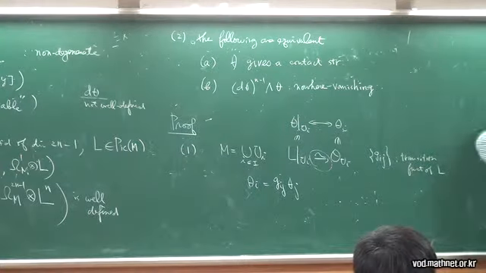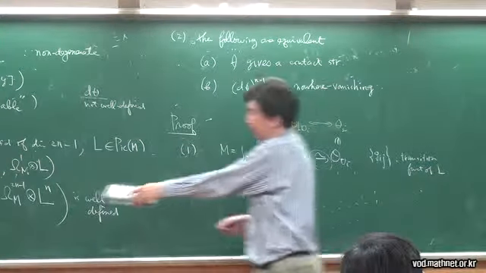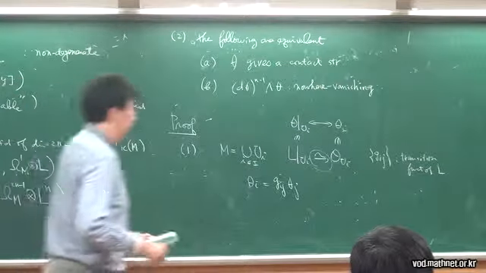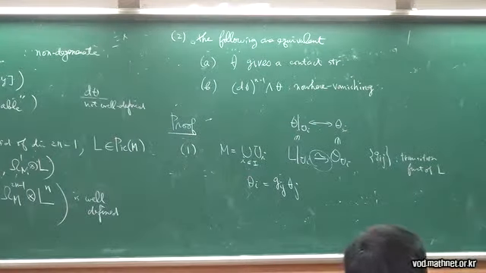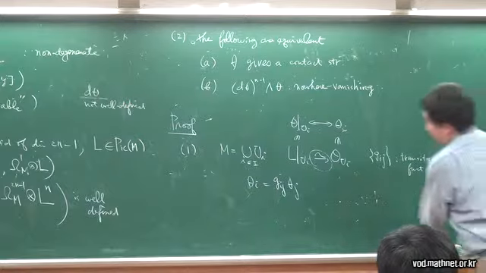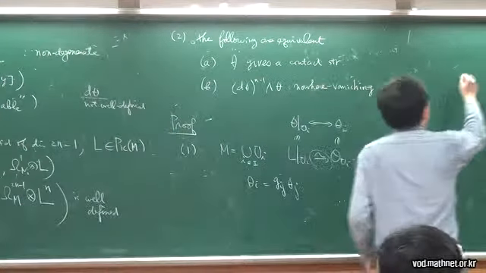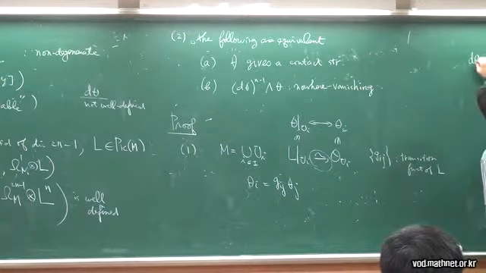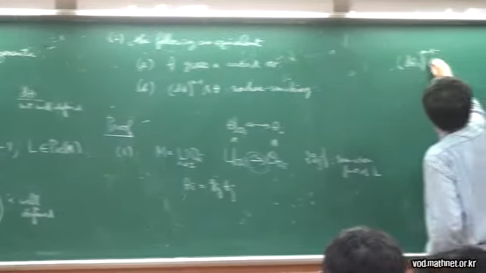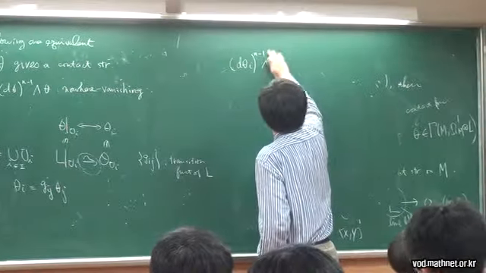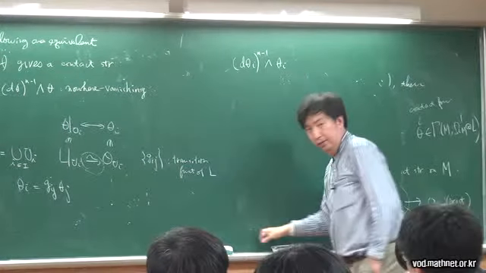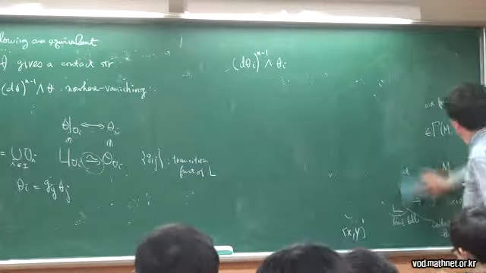Now let us consider this element, theta_i wedge (d theta_i) to the n minus 1. So what is this?